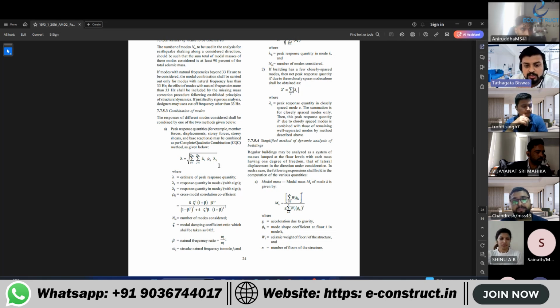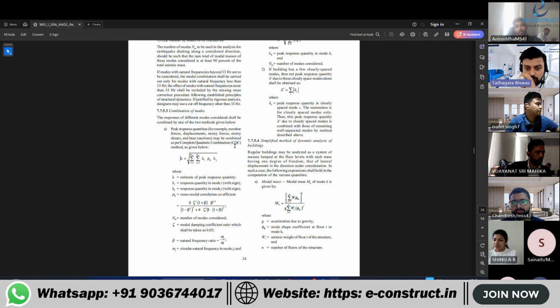Also, CQC has an additional advantage: it accounts for interaction between different modes. Let's say certain mixed modes are coming, and you have to take that mixed mode into the final considerations. In that case CQC is very effective because it calculates the coupling between two different modes.